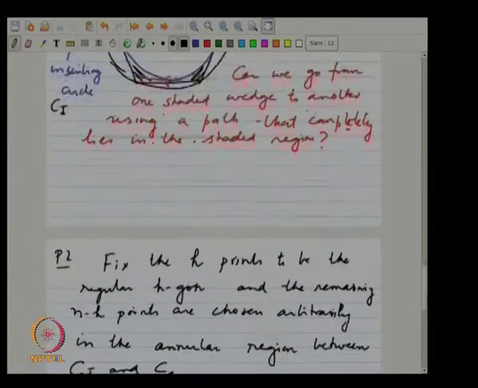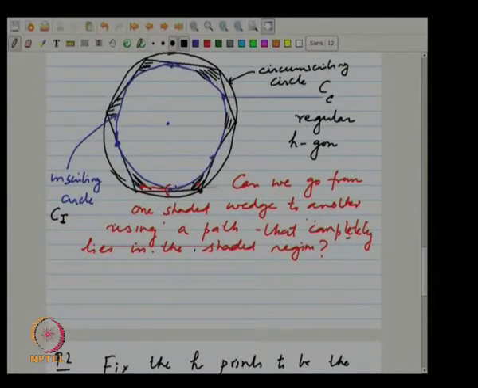So, these h points are fixed: 1, 2, 3, 4, 5 h. The remaining points have to lie, it cannot lie within this inscribing circle, it is not allowed to be outside of the circumscribing circle. It has to lie basically in this annular region, the small ring between the inscribing and the circumscribing circle.